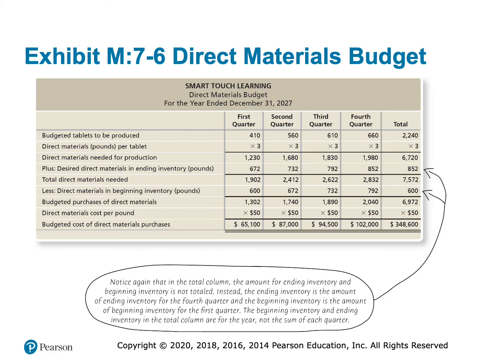So how do we do? So we continue with quarter 3. We had already calculated quarter 3's production needs. In order to calculate our desired ending inventory for quarter 3, we had to calculate quarter 4's production needs. We took 40% of this 1980 to get our desired ending inventory for quarter 3.